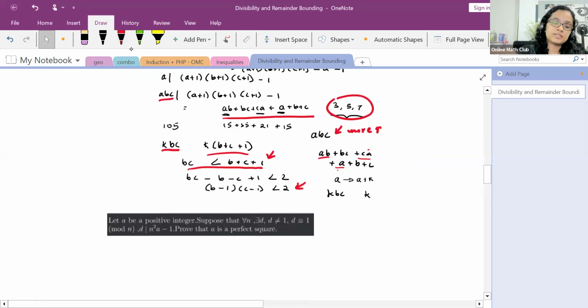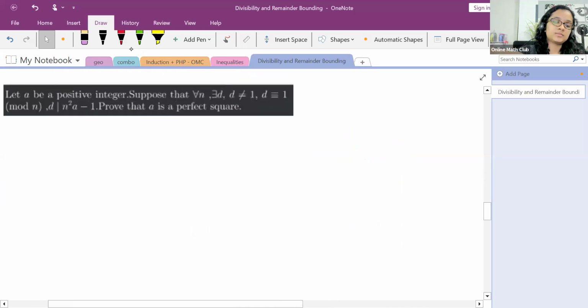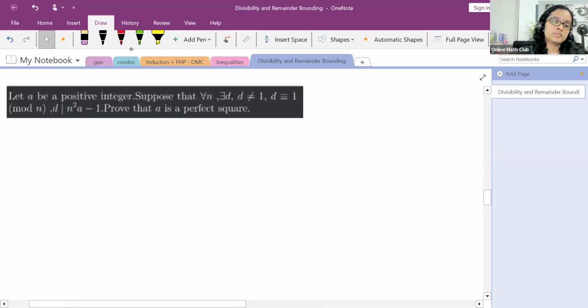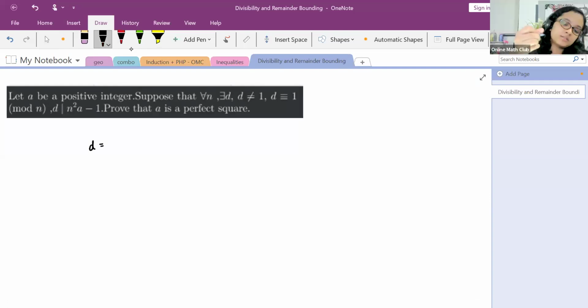Okay, so this is a slightly harder problem, but it uses similar remainder concepts. So we can write D as NA plus 1 and then NQ plus 1 and then proceed, I guess. Yeah, D is 1 mod N, so you can write it as some NK plus 1.